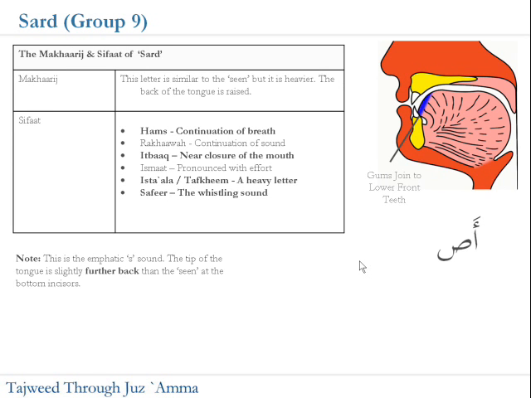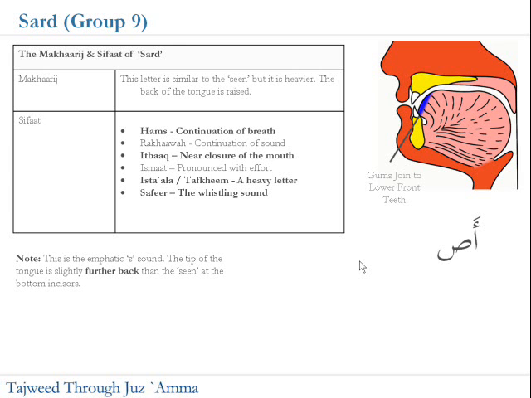And then we have what's known as the sad. Now this is a bit difficult initially. The tongue is slightly further back than where the sin is at the bottom of the mouth. So you move the tip of the tongue slightly further back. So we say sad. So it's really off of where the teeth are, slightly back onto the gums itself.